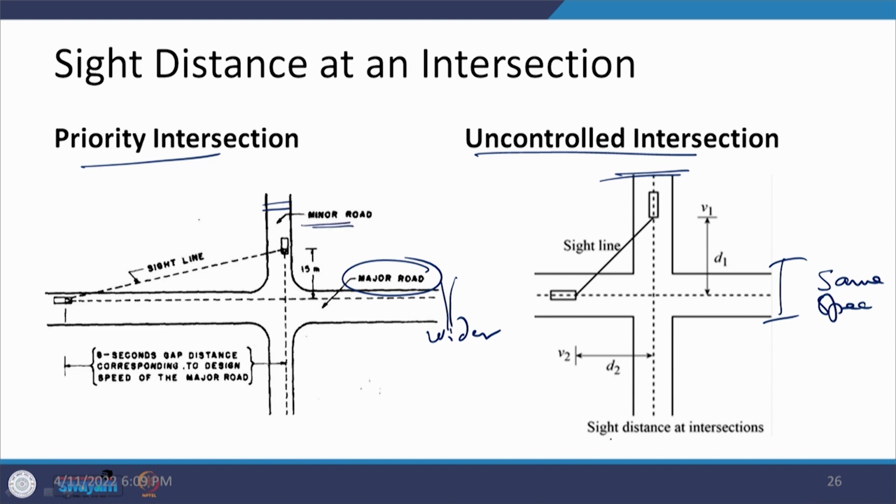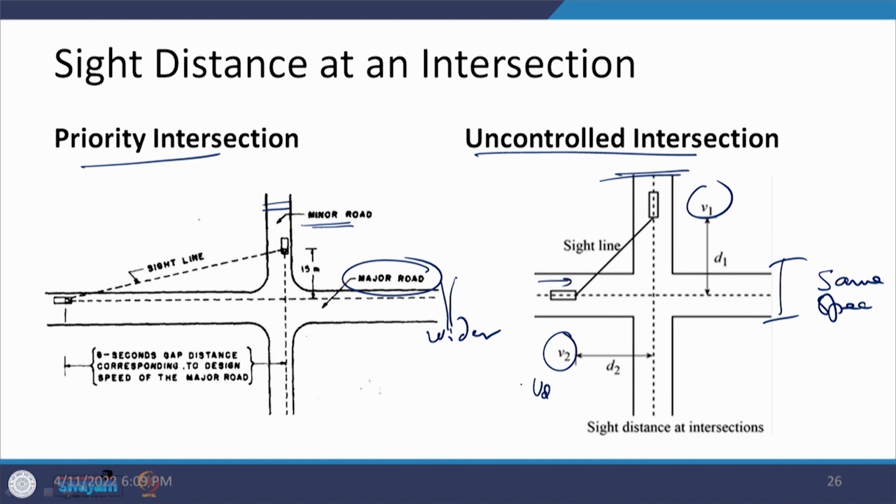In the case of an uncontrolled intersection, there are two roads which are crossing each other, of the same specifications, and when they are of the same specifications, we assume that the speeds with which they are moving are equal to the design speed only. And if they are equal to design speed, then we are interested to see what is the distance which should be visible to the vehicles which are moving here.